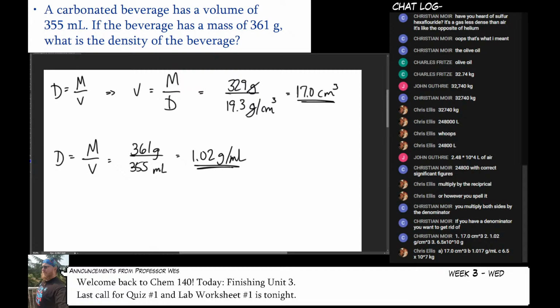So there you go. Now, the other stuff in there is probably something along the lines of sugar. Sugar adds to the density because you put a lot of sugar into it to make a tasty carbonated drink.